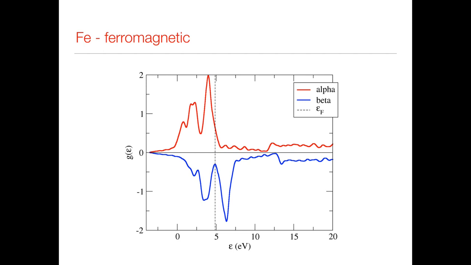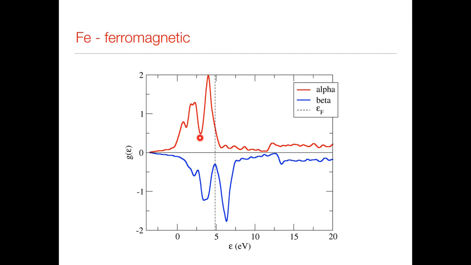So let's see what to notice. This is the Fermi energy here. You can see that there's actually a sort of uniform shift. I've got big peak, smaller peak, big peak, smaller peak, smaller peak. The difference in energy between this peak and this peak is probably about 5 eV. So that's the value of the exchange splitting.